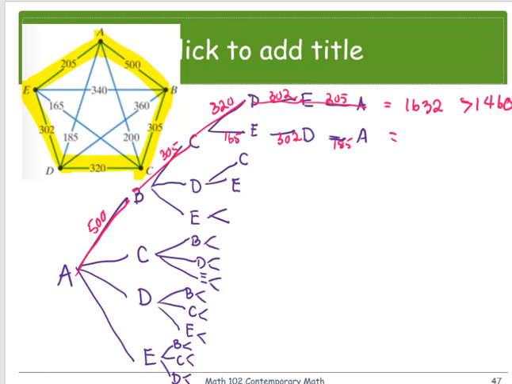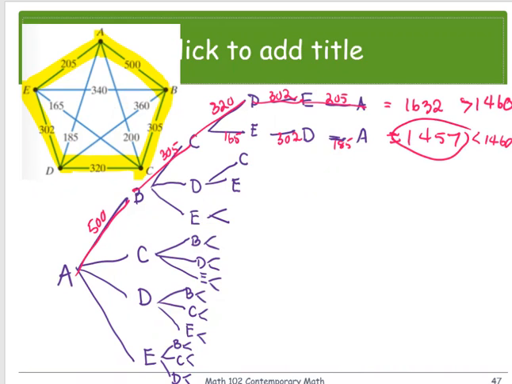If we go with this route, the number that we get is 500 plus 305 plus 165 and 302 and 185. So for this route you get 1457, which is less than 1460. Okay, so we have one option here.